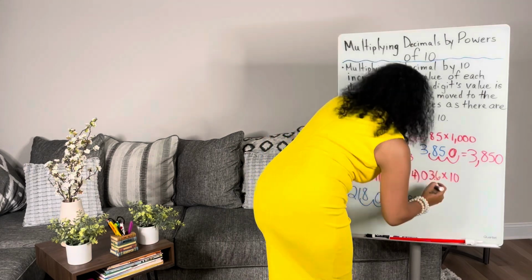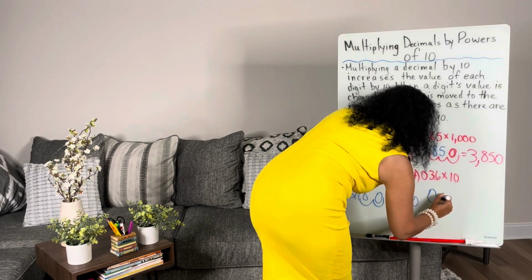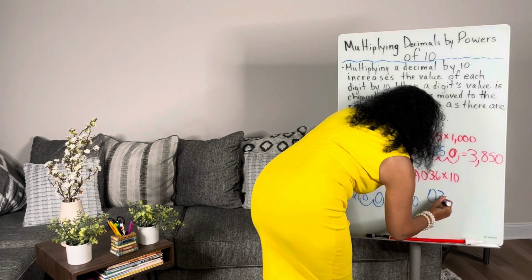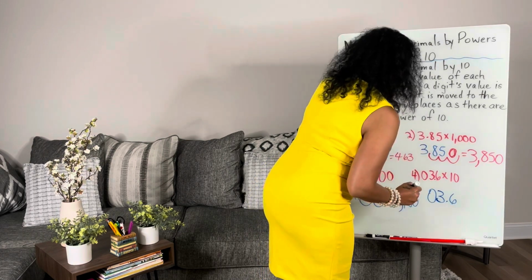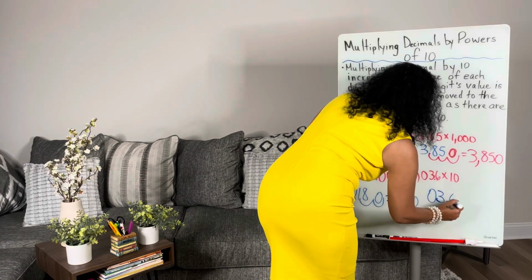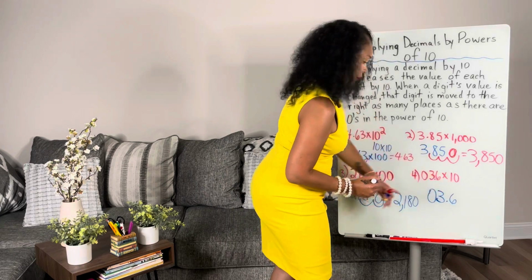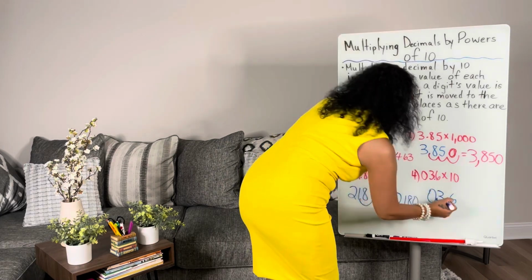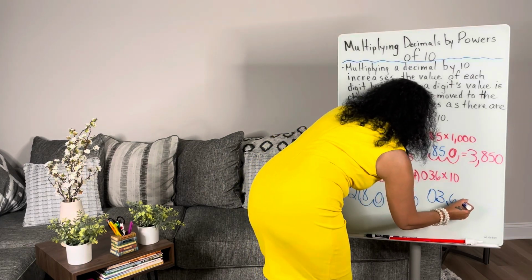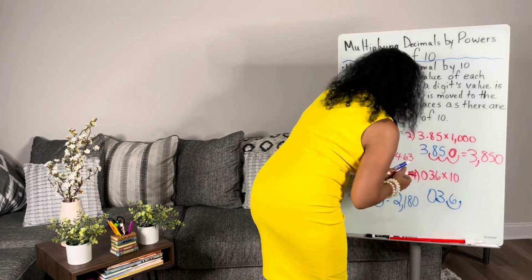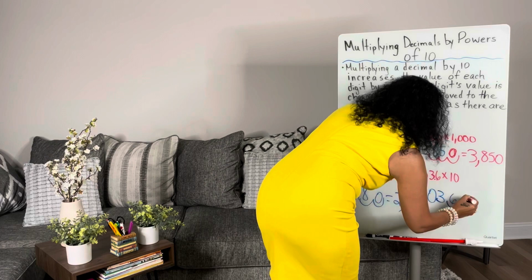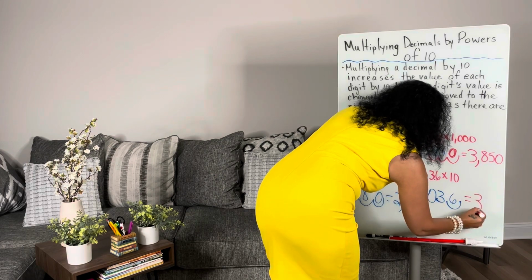So let's write down 3 and 6 tenths. Okay, how many times do we have to move our decimal to the right? 1 time. So let's move our decimal. There's our decimal there. And this number is 36.